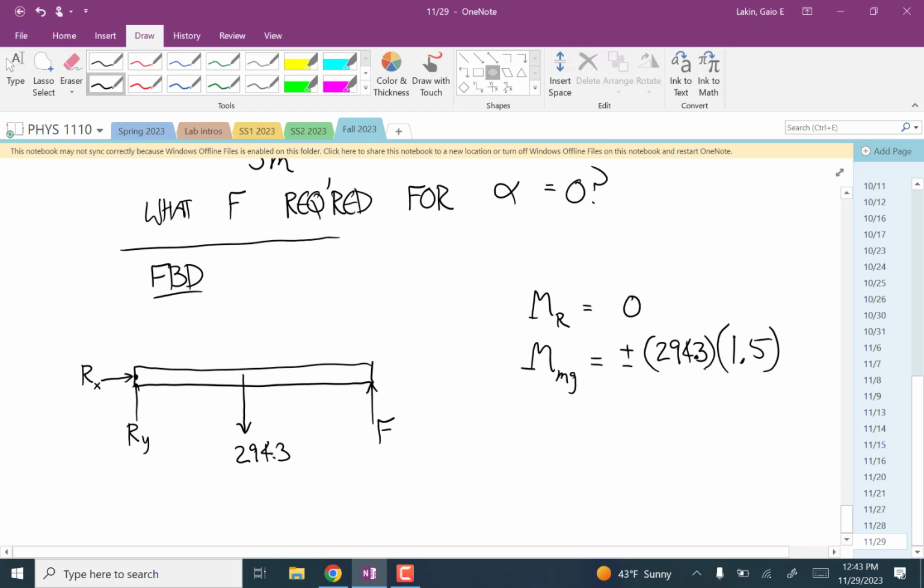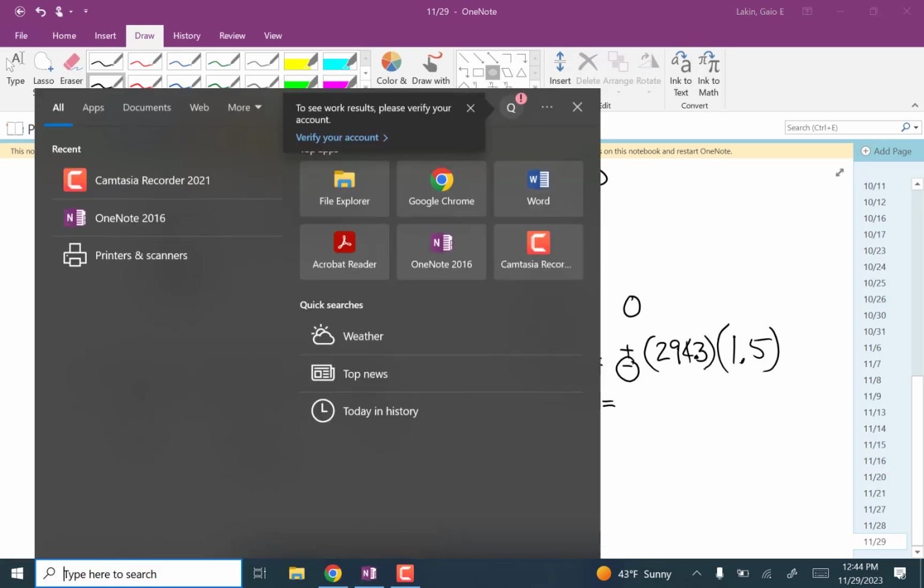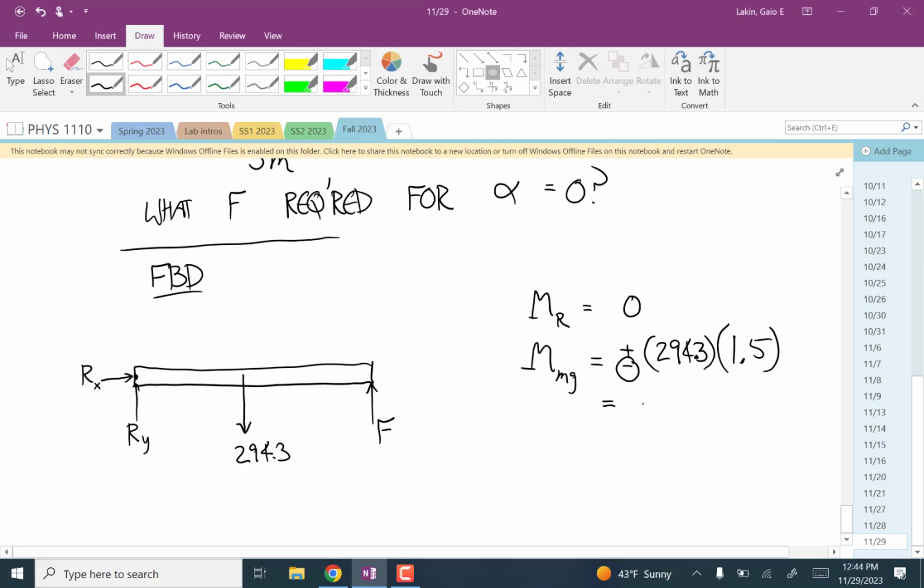1.5. Are you with me on that? And would that weight force make it rotate clockwise or counterclockwise? Yeah, clockwise, so negative. Can someone multiply that for me? Yeah, I think you get 441.45. 441.45, thanks.